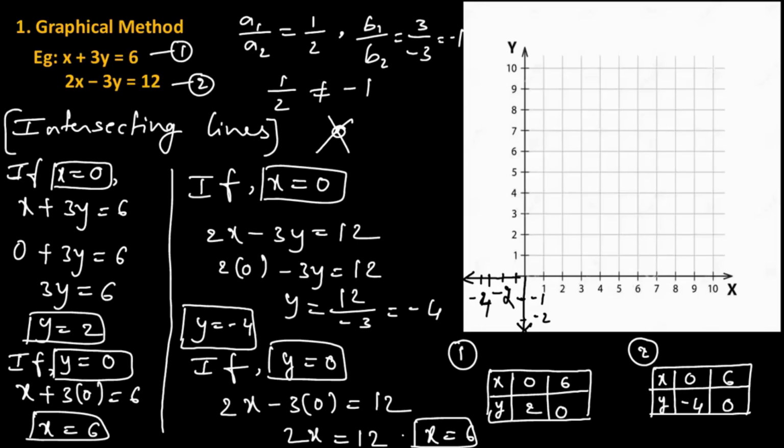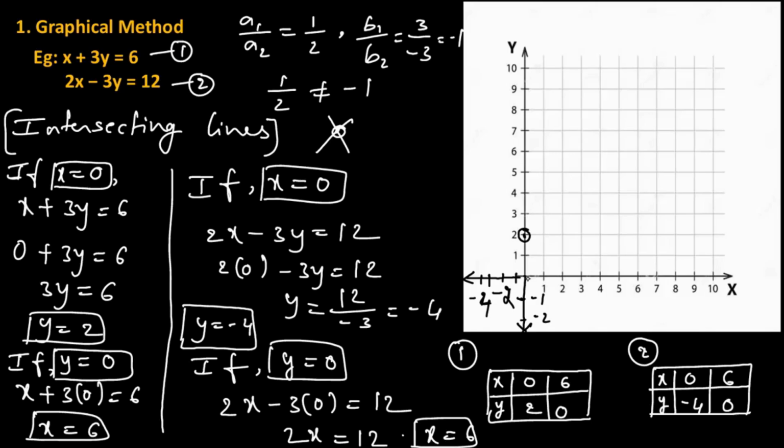So here the horizontal line is the x-axis and the vertical line is the y-axis. Let us draw for the first equation first. When x is equal to 0, y is equal to 2. So here you got 1 point for the first equation.